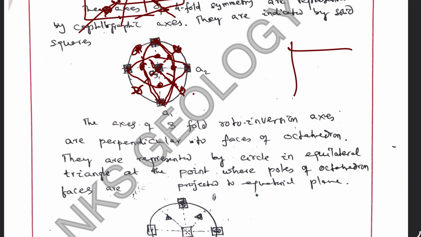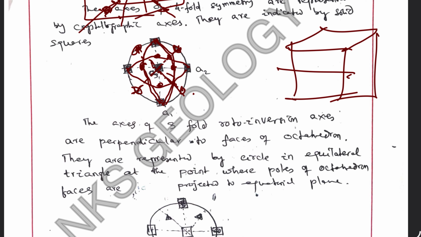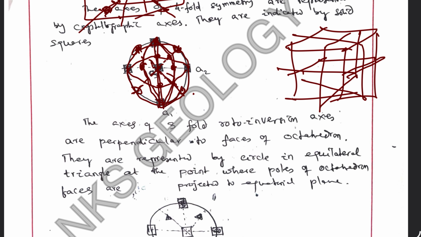So let us see the planes. This is one plane. This plane has been shown by this primitive circle. This plane has been shown by this solid line. This plane has been shown by this line.